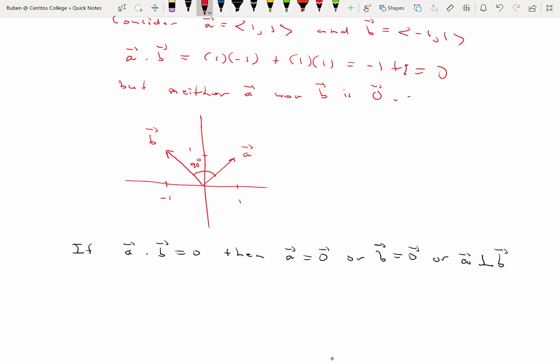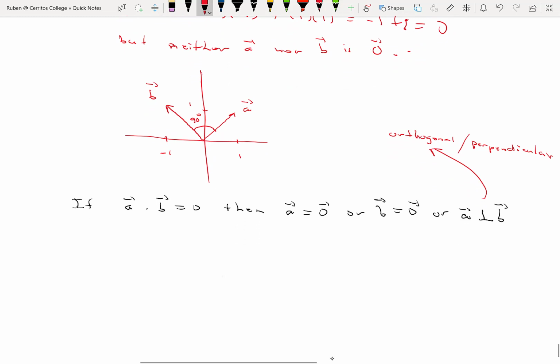With the new word orthogonal as another word for perpendicular. So it's a way to determine if you have perpendicular vectors. If you find the dot product of two non-zero vectors is 0, then they've got to be perpendicular vectors. Okay, this is true.